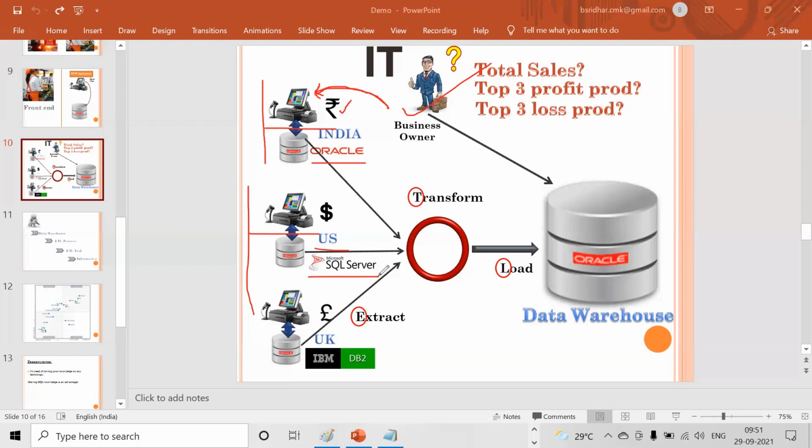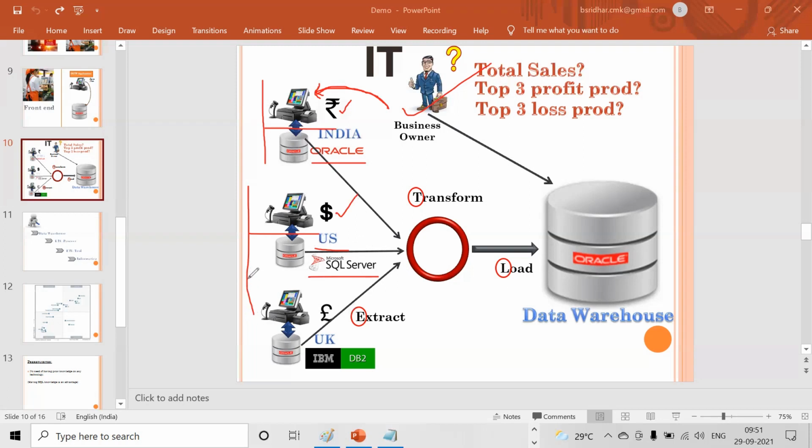Sir, there is no rule that a particular business should use the same database everywhere to store transactions data. Based on the resource availability and business requirement, they can use any kind of database for OLTP storage. So in the US, he is using SQL Server, and obviously the business happens in dollars.